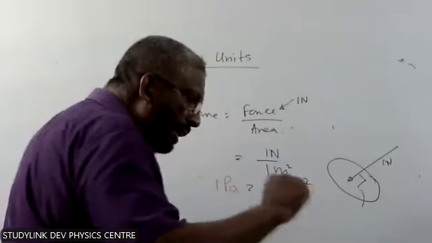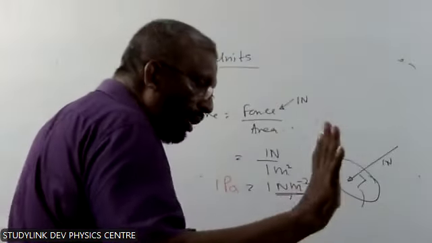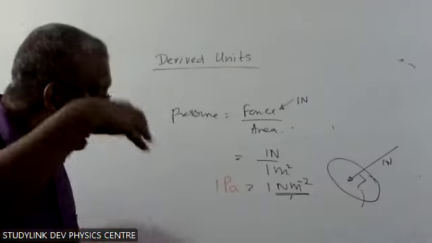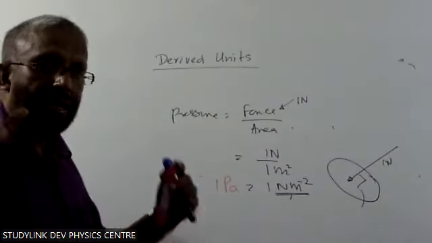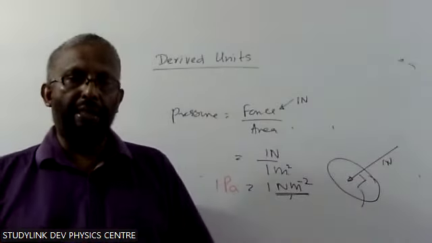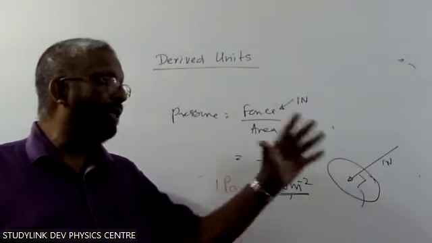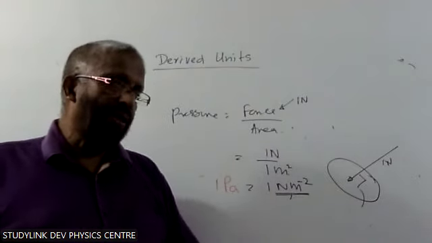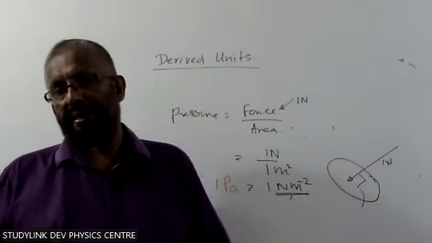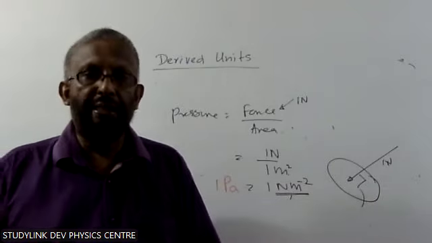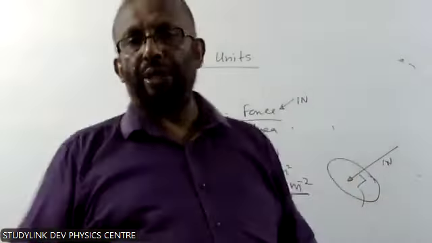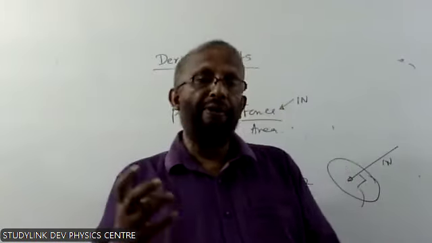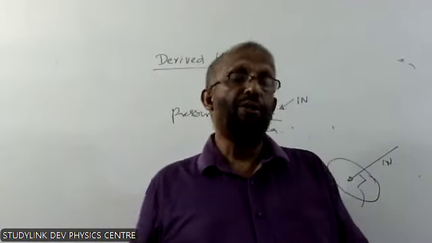Here, then, derived units. As far as derived units are concerned, we give a new name to respect the scientists, mainly physics scientists. What we do is we assign their name for those.